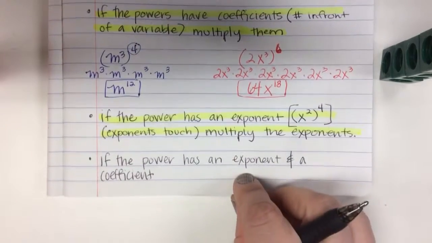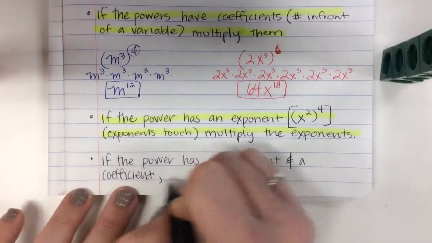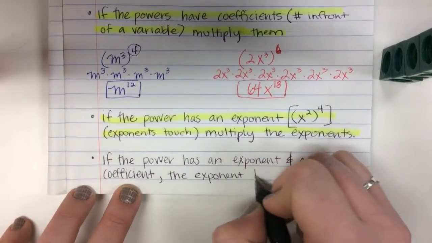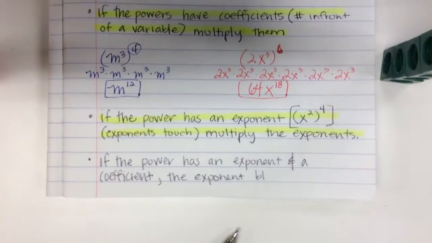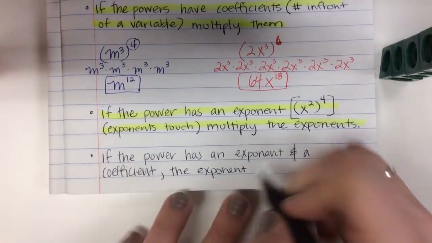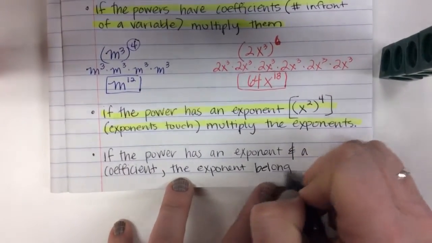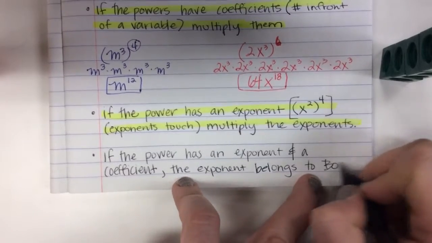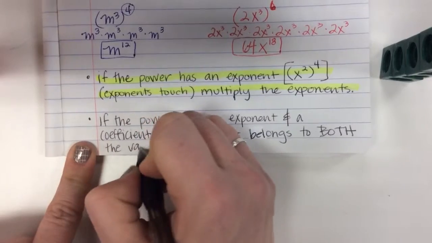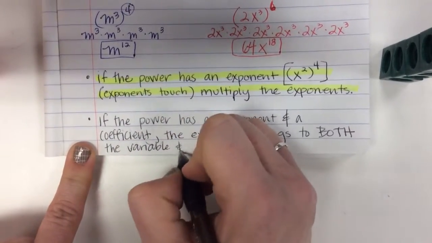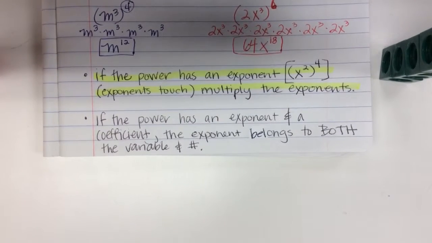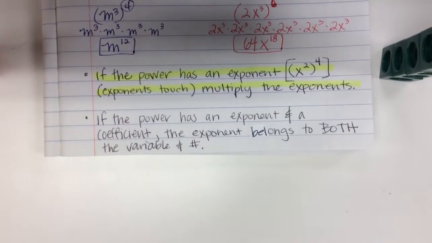If the power has an exponent and a coefficient, the exponent belongs to both the variable and the number. Basically, it gets distributed.